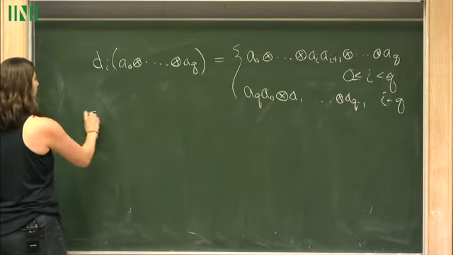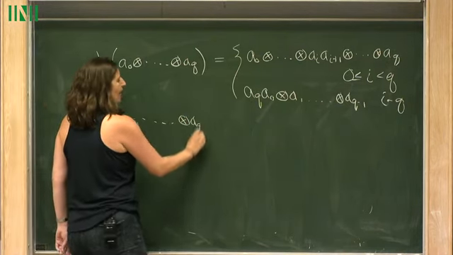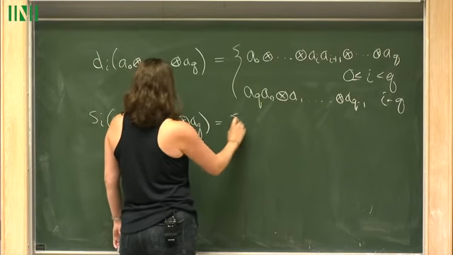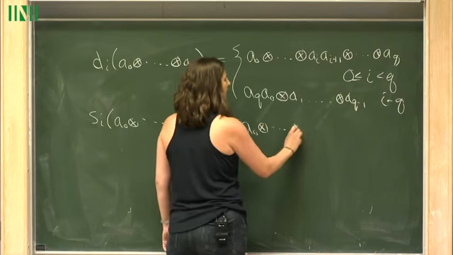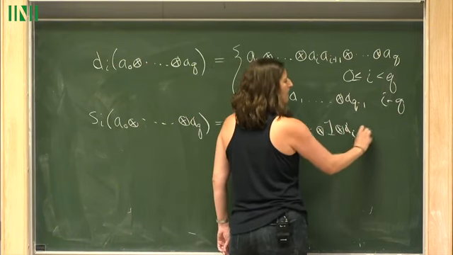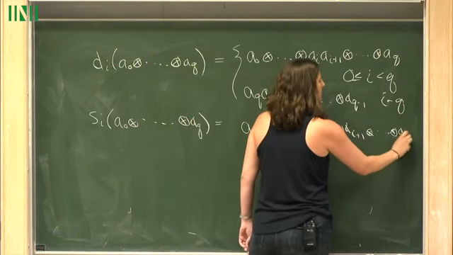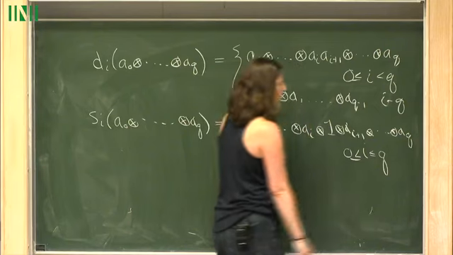We also have degeneracy maps, s_i. And degeneracy maps just insert a unit. So they're going to insert a unit after the ith coordinate, like so, and that makes sense for i greater than or equal to 0 and less than or equal to q.